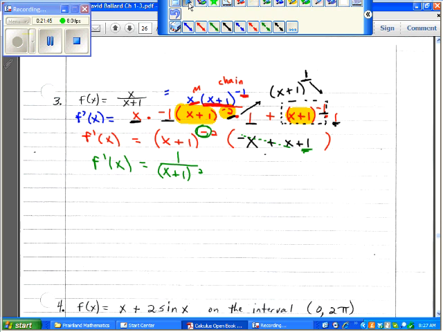All right. Now, to find our critical numbers, we want to find where the derivative is 0 or undefined. And there's not going to be a 0, but we would get an undefined at x is equal to -1. That would create a division by 0 error. So that's my only critical number.